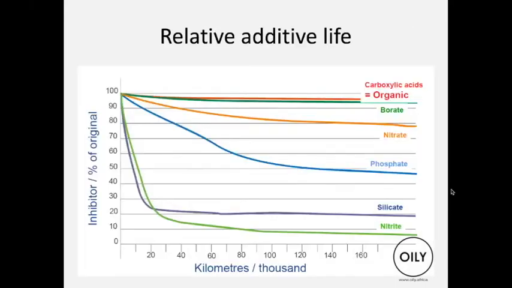Okay, this is just looking at the relative life between different components. Your nitrites and silicates die quite quickly, 20,000 kilometers. They're pretty useless. Your OATs technology up at the top there retains 100% efficiency for thousands of kilometers.